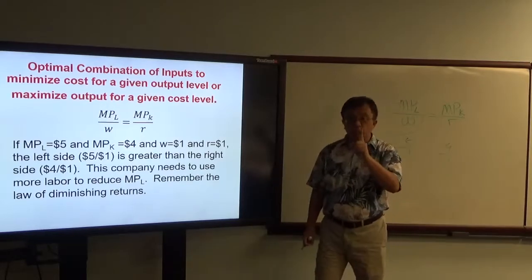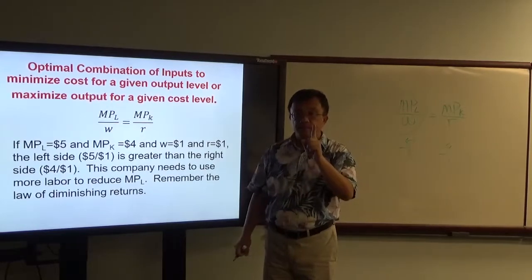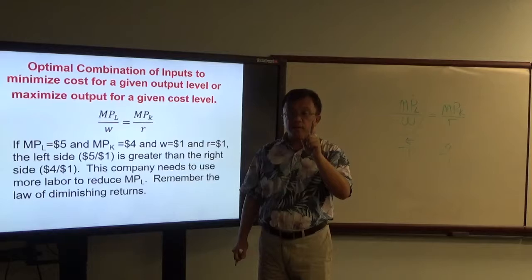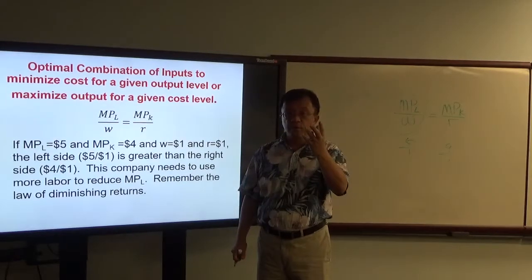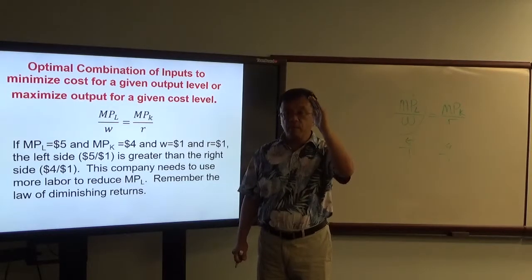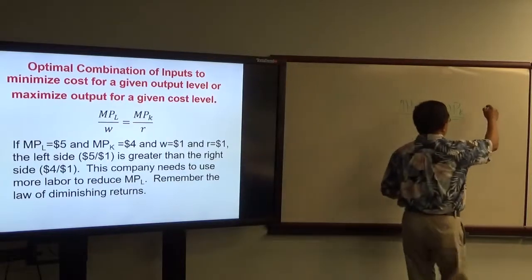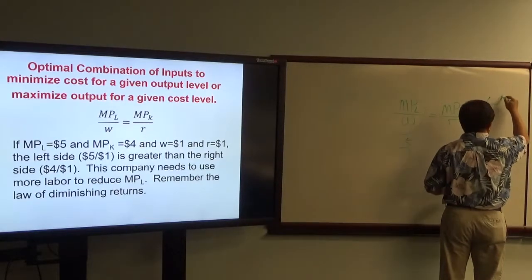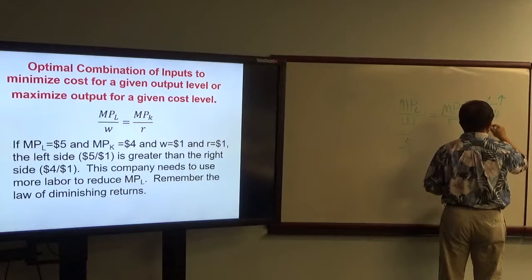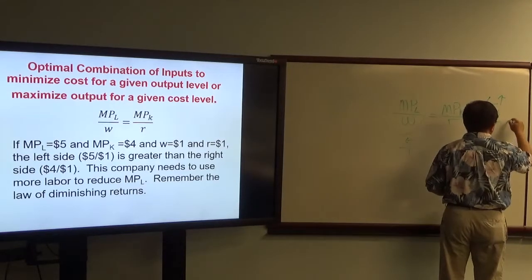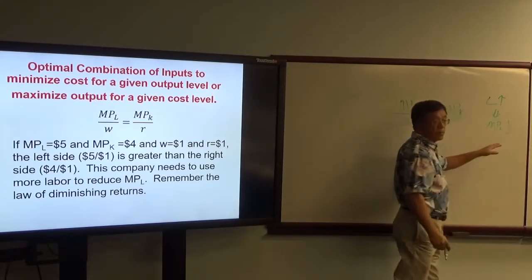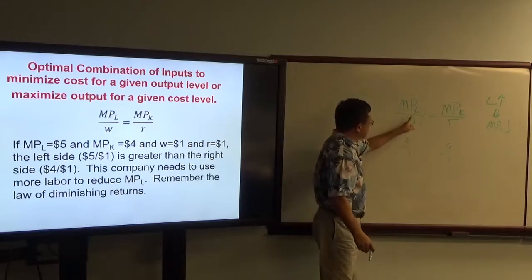Remember the diminishing marginal product of labor? What is diminishing marginal product of labor? The more labor you use, what happens to MPL? If you use more and more labor, what happens to the marginal product of labor? It decreases. So in this case, you should use more workers.